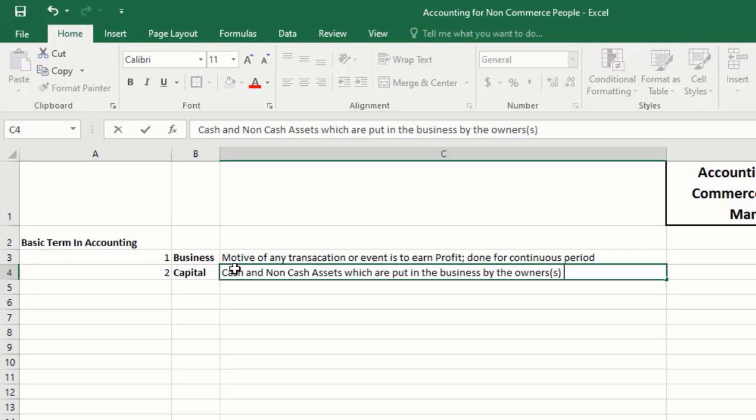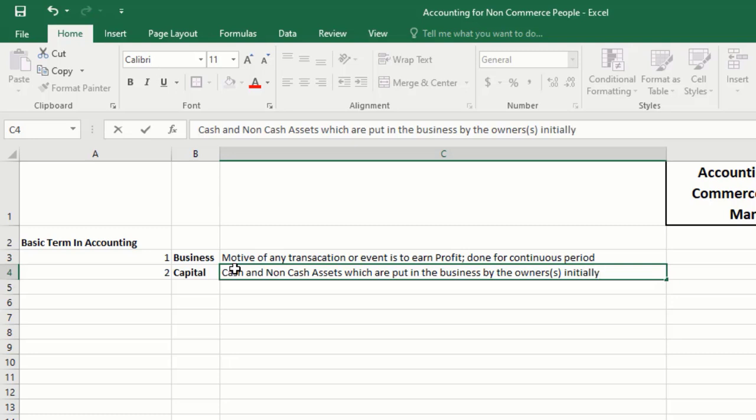If we are talking about a proprietorship company, it can be one person. A partnership, it can be two. If it's a joint stock company, it can be many. If it's a shareholding company, then shareholders, then anybody. So the cash and non-cash items which you put initially in the business are called capital.